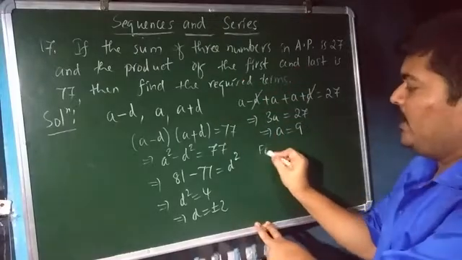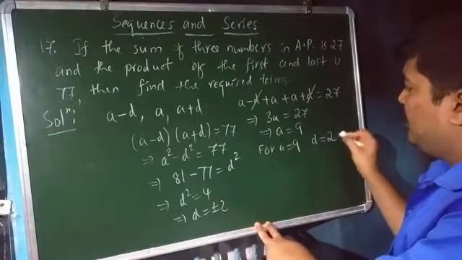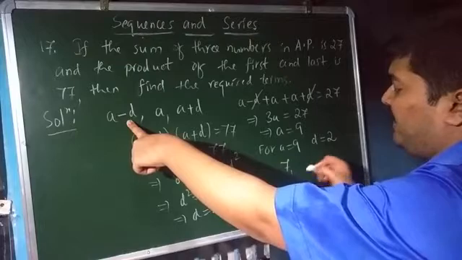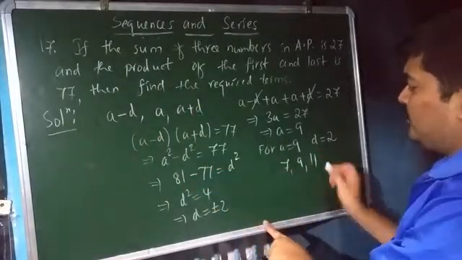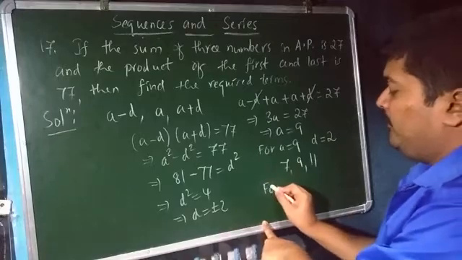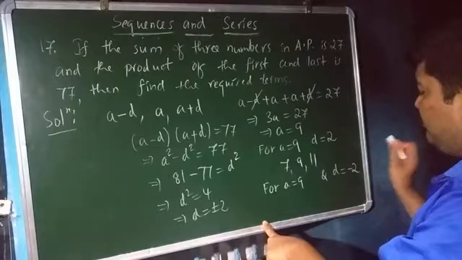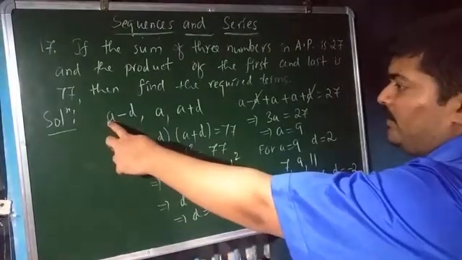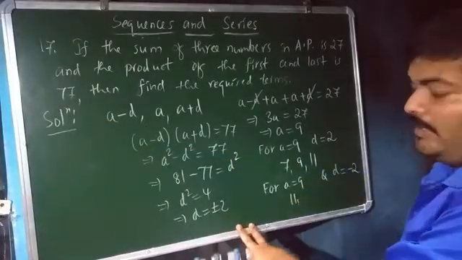Now for A is equal to 9 and the common difference D as equal to plus 2, what are the required terms? That is 9 minus 2, that is 7. Next one 9. Next one 9 plus 2, that is equal to 11, isn't it? Next, for A value equal to 9 and D value equal to minus 2, in this second case, the terms are 9 minus of minus 2, that is plus 2, get 11.